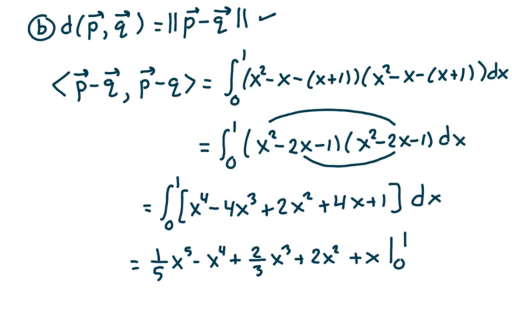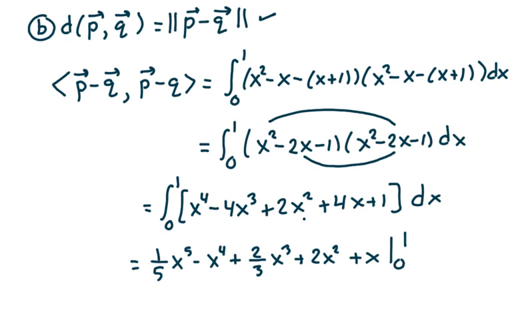you're going to get the integral from 0 to 1 of x to the fourth minus 4x cubed plus 2x squared plus 4x plus 1. But that's 1/5 x to the fifth minus x to the fourth plus 2/3 x cubed plus 2x squared plus x.